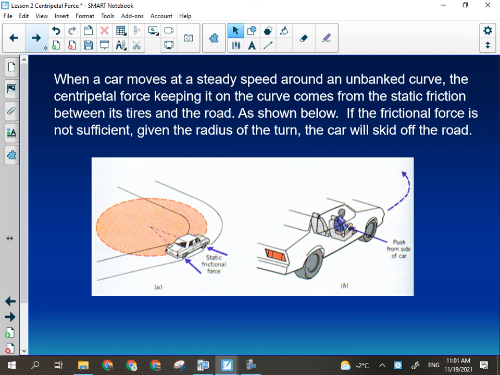So does static friction act on you as an occupant of the car? Not really. I mean, there would be some friction between you and the seat. But in the end, you're inside the car, and your inertia wants you to go in a straight line. So if you take the corner really fast, you're going to feel like you're being thrown out of the car.